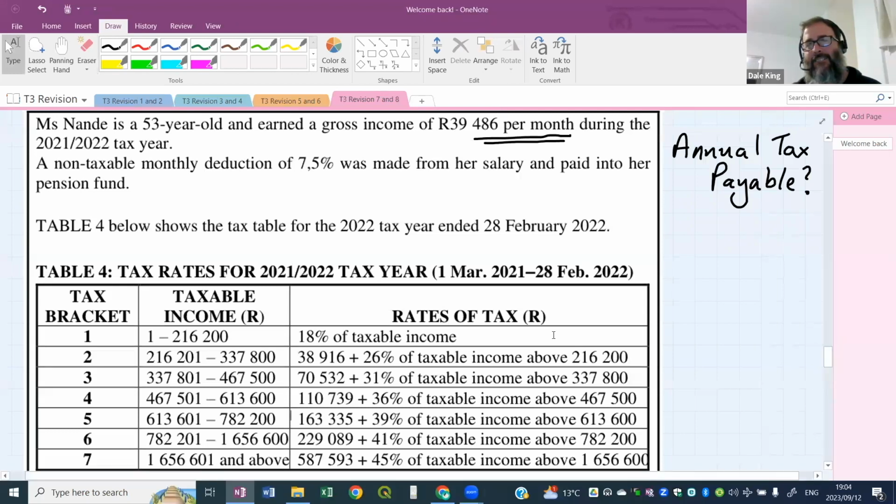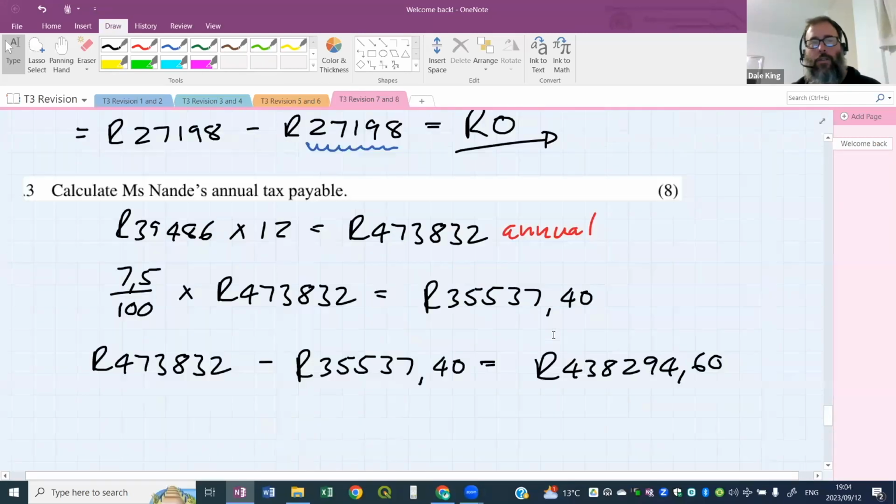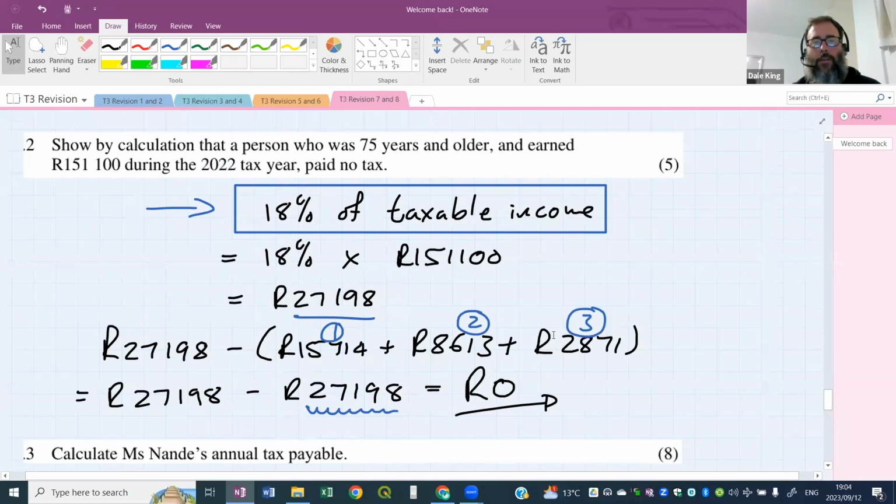Sir, you remember the question that we just did before this last one, may you please just scroll down to it? It's just a very quick question. Yeah, this one, sir. I want to understand, why does the 75-year-old have the benefit of the 65-year-old and the primary? Why did we add up all these rebates instead of the 2,871 rand? Do you agree with me that a 75-year-old shouldn't pay as much tax?